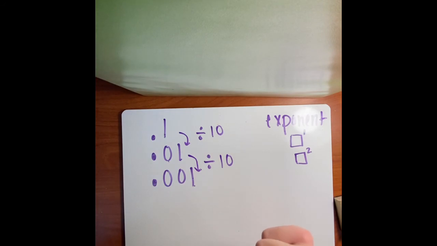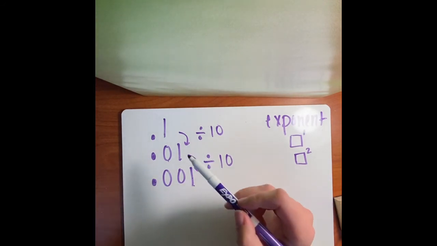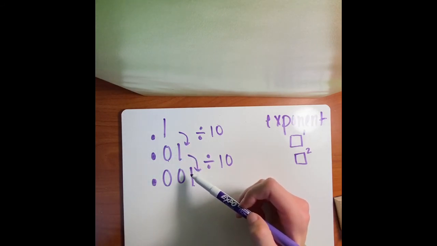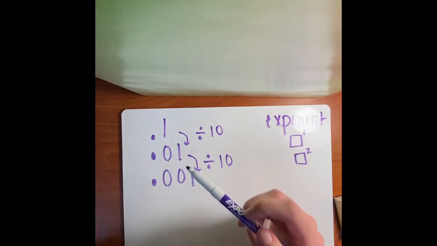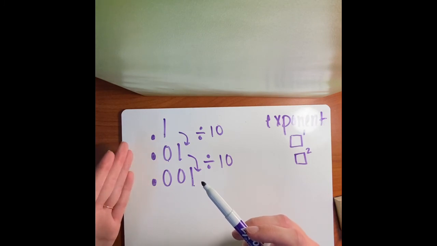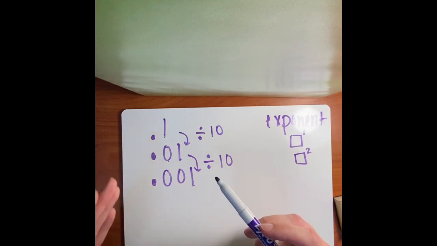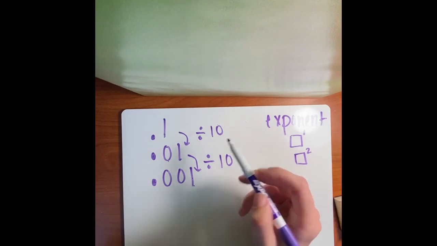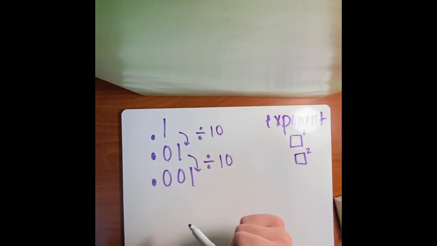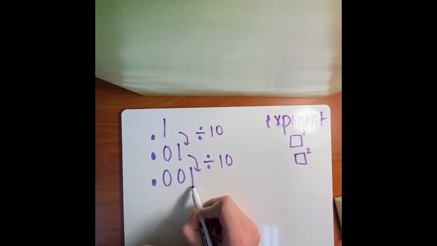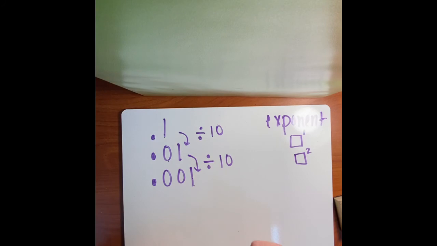So this looks very similar to what we were doing before, except we are dividing because our numbers are getting smaller and smaller. Whereas when we were working on the other side of the decimal point, our numbers were getting bigger and bigger. So, like before, we can write this the same way. I want you guys to tell me how we could write 1,000th with an exponent. So go ahead and do that for me.